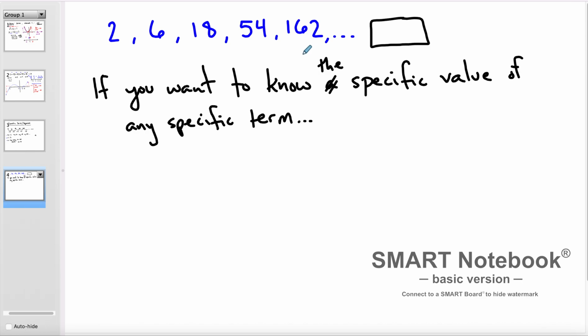And if I want to find the 12th term, I think that's possible, right? I could just do a few more calculations, and pretty soon I'd be at the 12th term. It'd be pretty big, but I could get there. But what if I asked you to find the 100th term, right? That would be a lot of calculating, right?